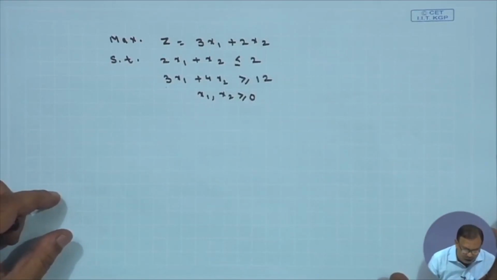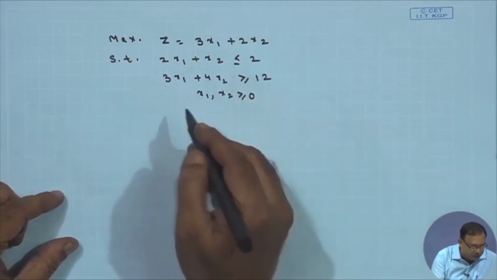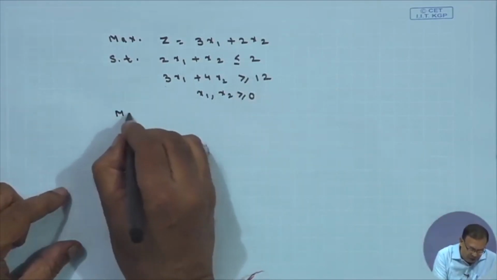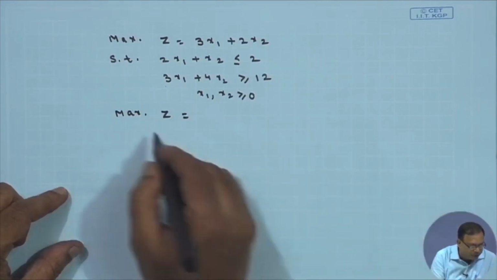So, introducing the slack, surplus and artificial variables, your problem reduces to maximize z equals this one.